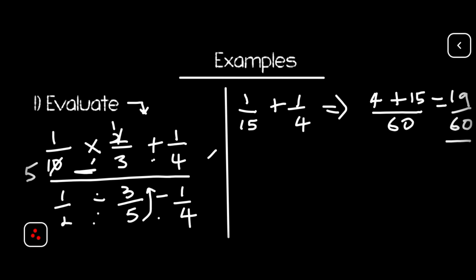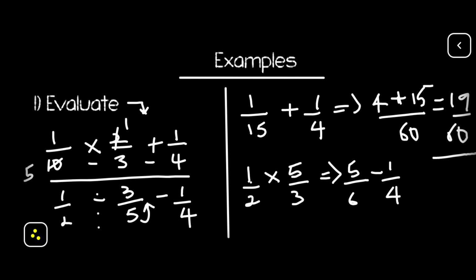So we have 1 over 2 times 5 over 3. When we do this, we don't have anything to cancel out. So 1 times 5 will give us 5, and 2 times 3 is 6.